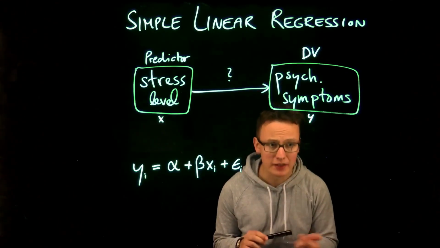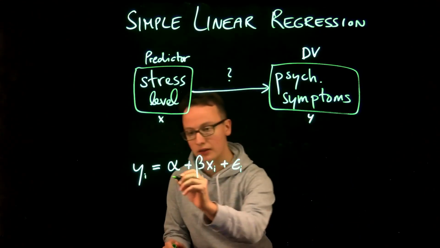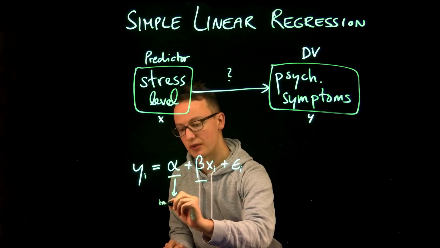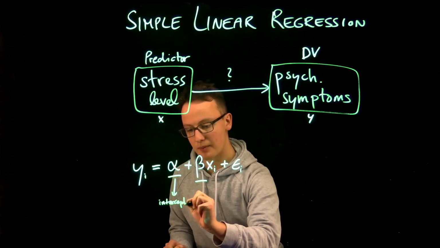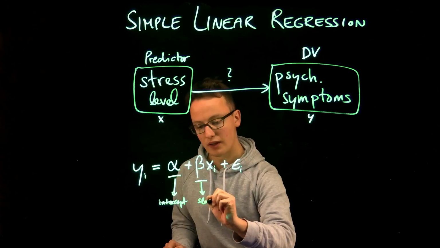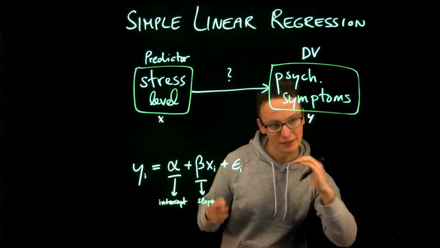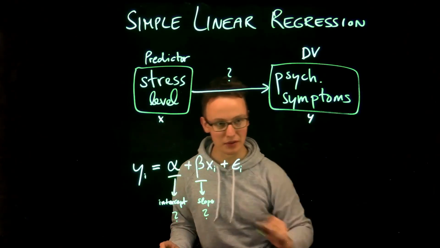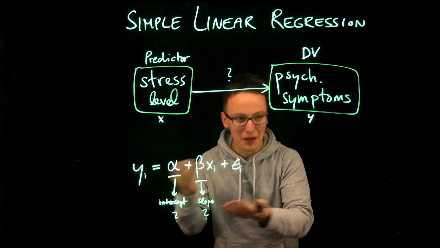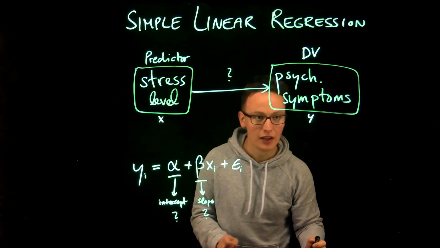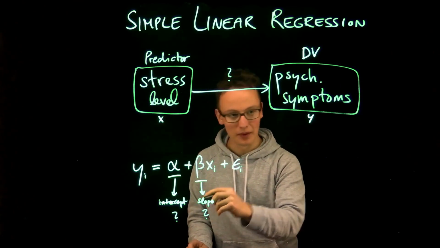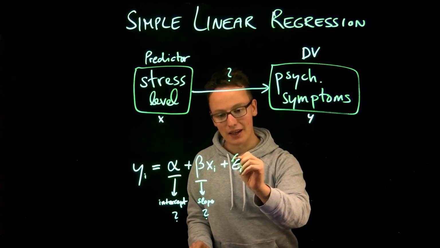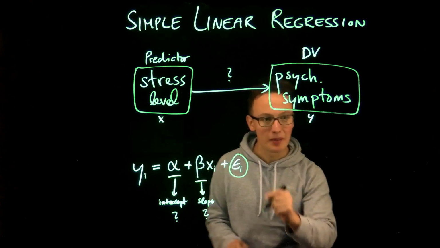The two parameters we have to estimate in this model are alpha and beta, where alpha is what we call the intercept and beta is the slope. The whole point of linear regression is to find the best values for these two parameters. We could pick many different numbers and plug them into this equation, but we want to find the optimal intercept and slope such that we minimize the residuals.